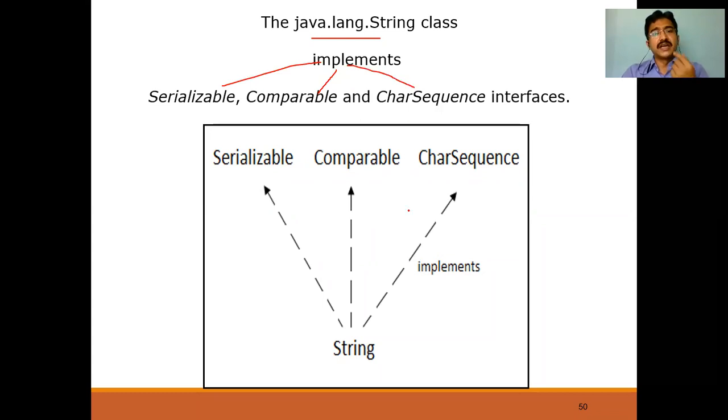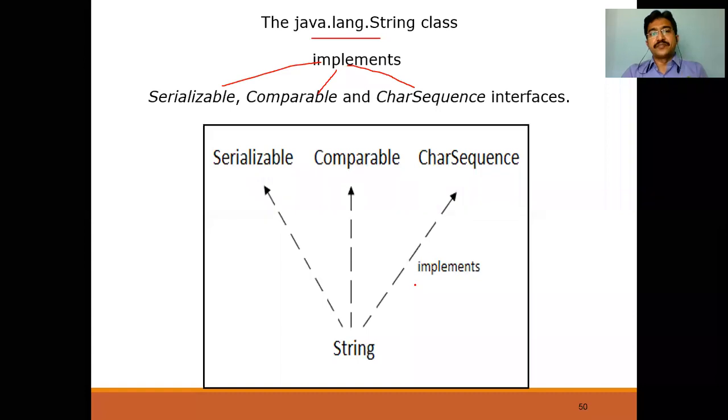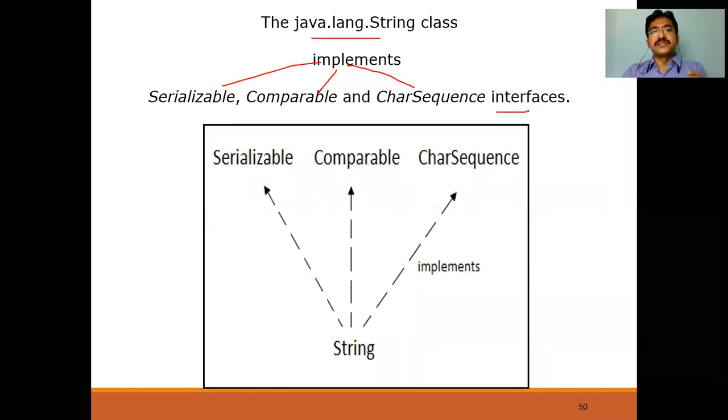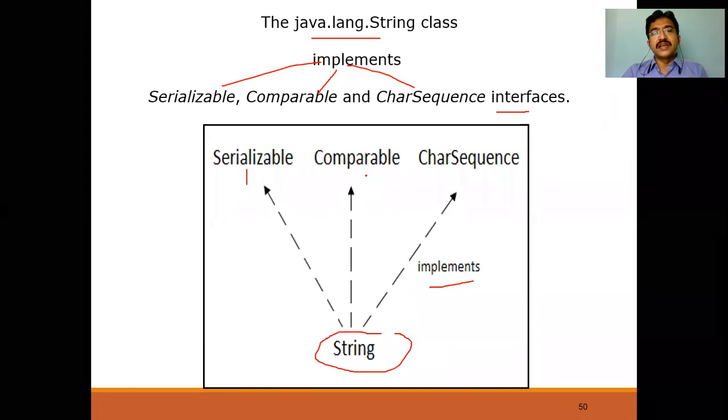These are interfaces. We'll talk about interfaces later in the third unit, but for the time being, the inheritance concept can be implemented in Java with the help of the extends keyword, and the interface concept can be implemented with the implements keyword. Now String implements Serializable, Comparable, and CharSequence.